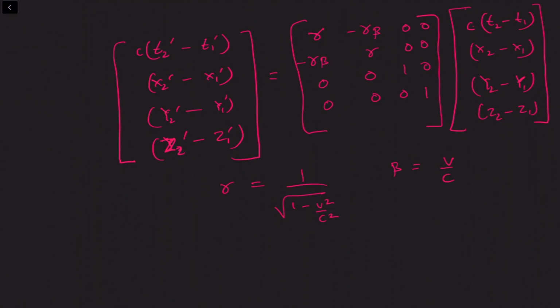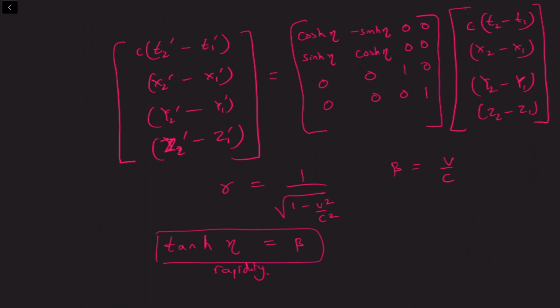And we've also seen that we could rewrite things in terms of eta, where eta is the rapidity, where we've defined tanh of the rapidity as beta. In this case, if we use the rapidity, then our transformation matrix looks a little different. It looks like cosh eta, minus sinh eta, and so on.